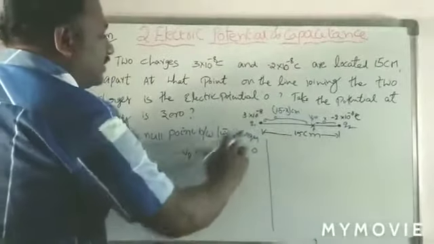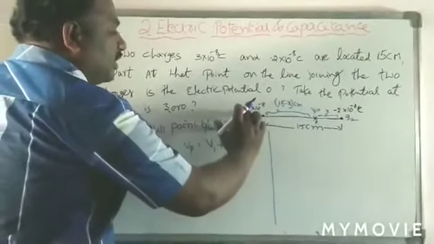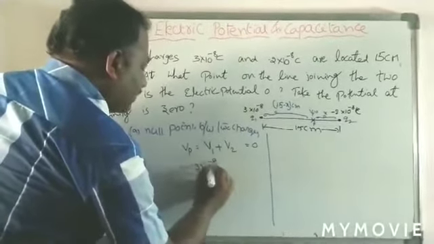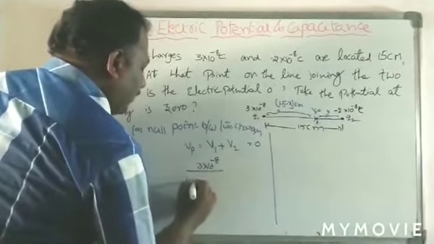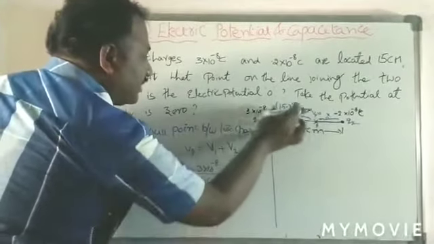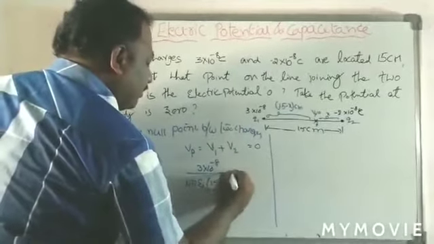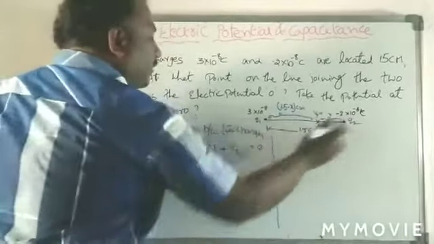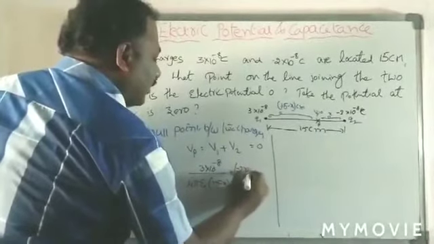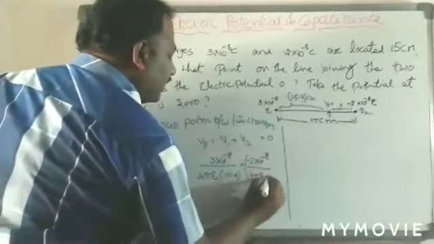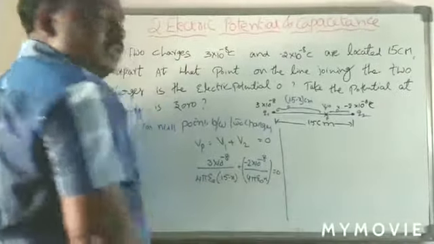Now here, what is V1? V1 is the potential due to the charge 3 into 10 power minus 8 by 4 pi epsilon naught into how much distance? 15 minus x centimeters. Plus, what is the potential due to V2? Minus 2 into 10 power minus 8 by 4 pi epsilon naught into x is equal to 0.